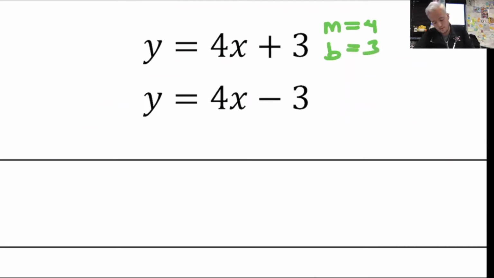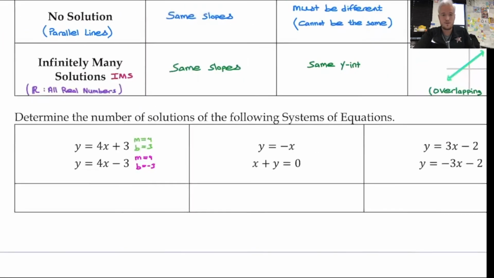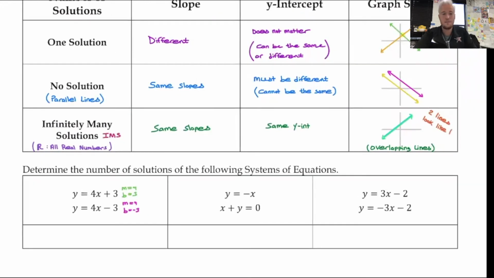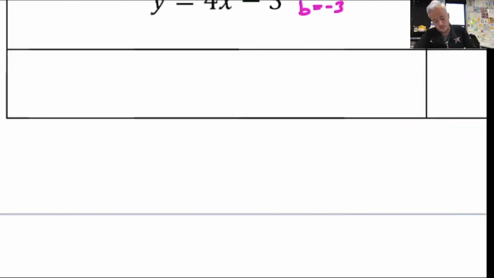So for my second equation, I have slope of 4 and a b value of negative 3. So we have the same slopes, but different y-intercepts, which means these are going to be parallel, which means there's no solution. So down here, no solution.